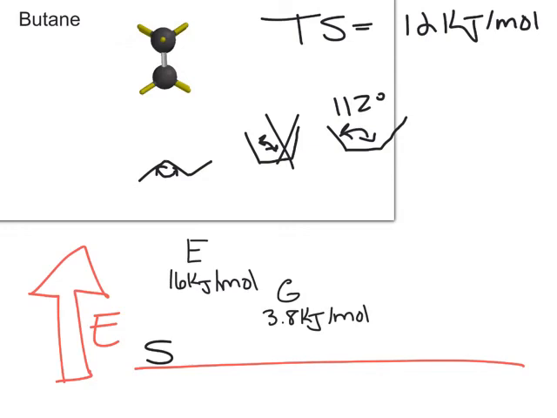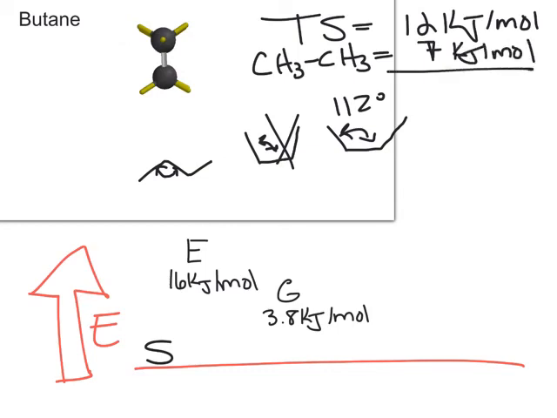So that strain that we're going to add from the methyl-methyl interaction is going to cost us 7 kilojoules per mole of energy. And so total, we have 19 kilojoules per mole strain energy for this conformation.